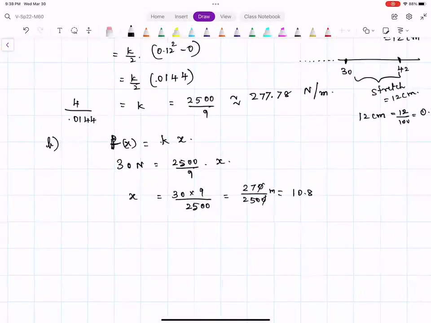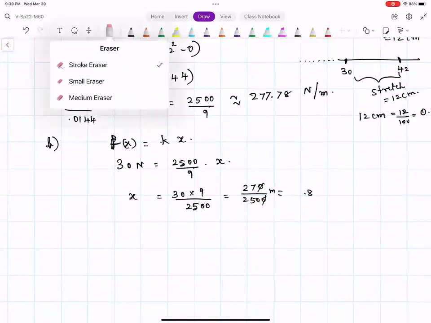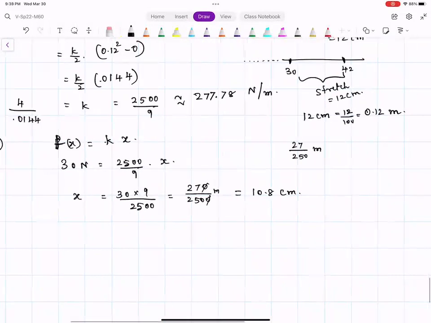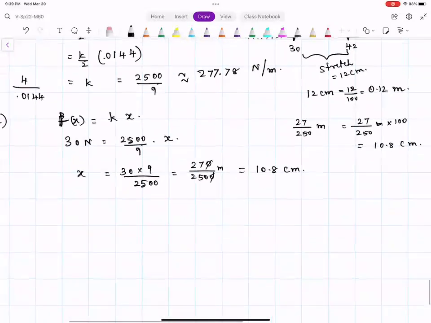If you multiply this value by 100, you will get it in centimeters, that will be 10.8 centimeters. So 27 over 250 meters equals 27 over 250 meters times 100. That will be in terms of centimeters. So that is the amount of stretch.